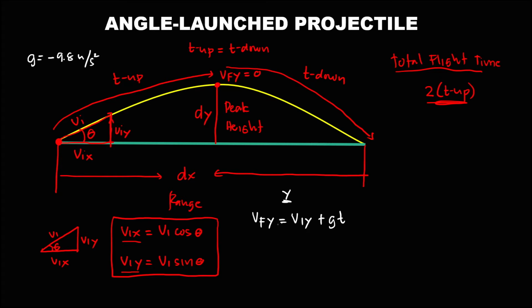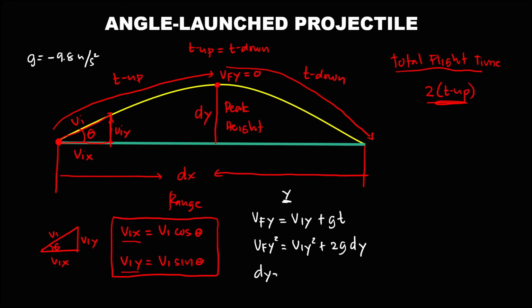Then we also have the other formula for y. The final velocity for y squared equals the initial velocity for y squared plus 2 times the gravity times the vertical displacement or the dy.